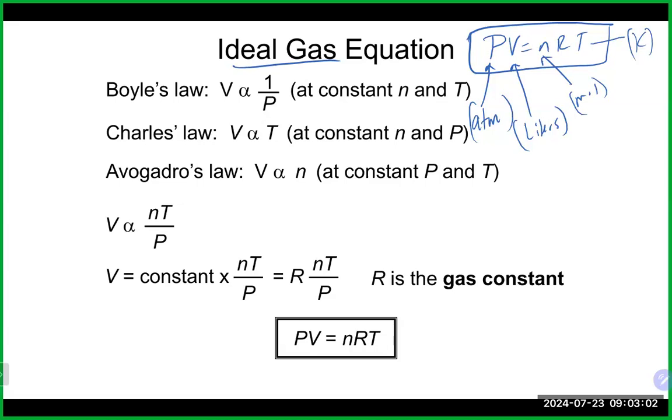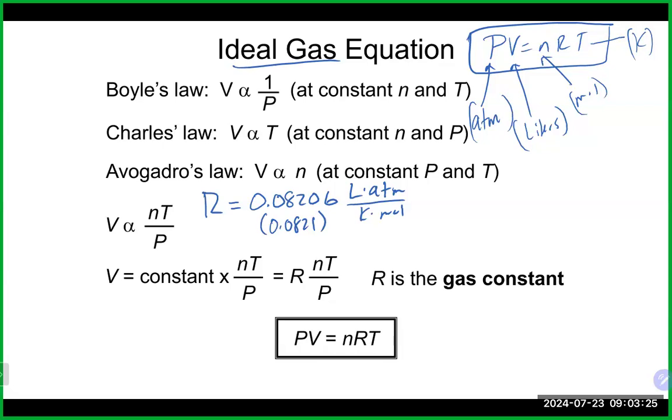The reason why all those need to be in those units is R. R is the gas constant, and R has a value of 0.08206, with units of liters times atmosphere divided by Kelvin times mole. Some books these days round this number to 0.0821. You can use whichever one you like.